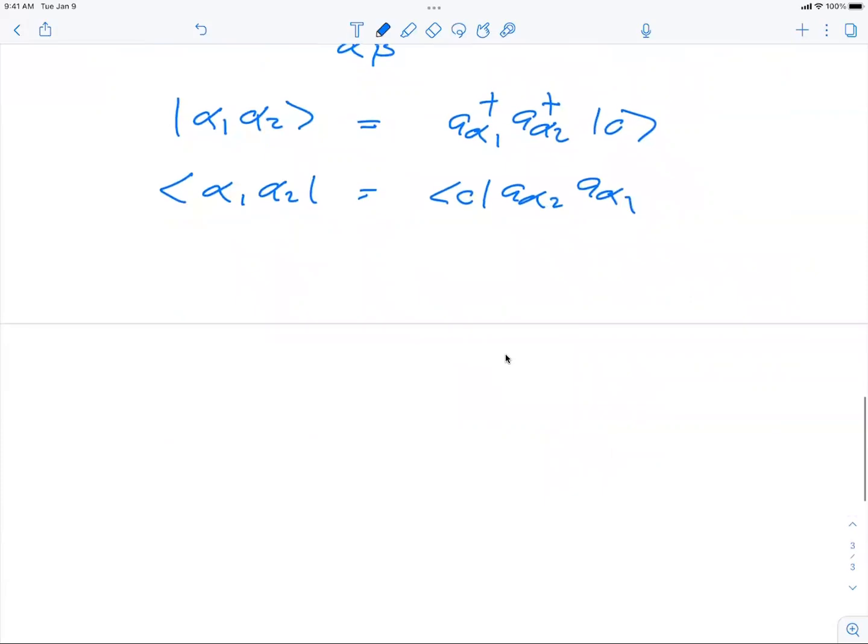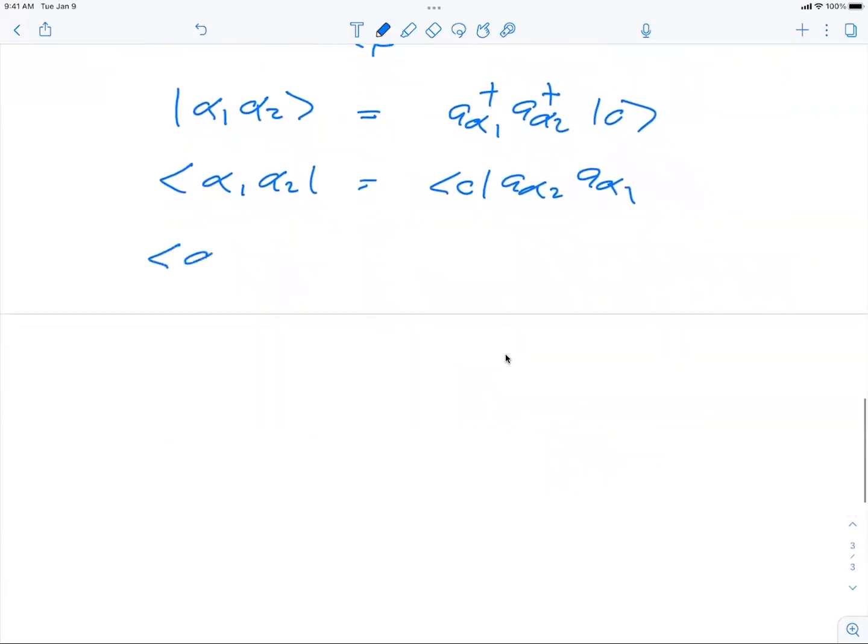So we could rewrite this expectation value of alpha 1, alpha 2, H0, alpha 1, alpha 2, and we can rewrite this as an N, and now I'm writing this in a more compact form here. So I would have an A alpha 2, let me just rewrite it, A alpha 2, A alpha 1.